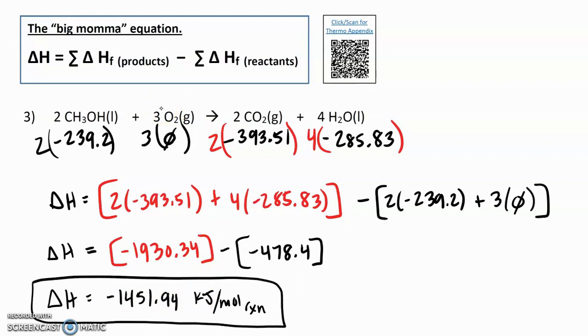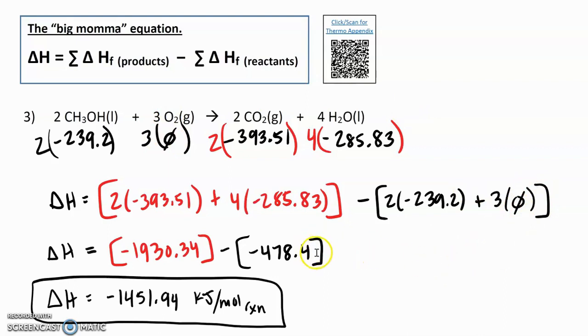One thing to note, and I'm emphasizing here again, that elemental oxygen at its standard conditions, which means 1 atm and 25 degrees Celsius, is going to have a heat of formation value of 0. I don't even bother to put it here in my calculation.